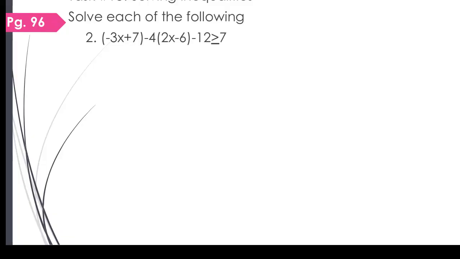Can we combine these? No. So we don't really need parentheses anymore. We have negative plus 24 minus 12 is greater than or equal to 7. And you've got to put together your like terms. What do you have there that's a like?